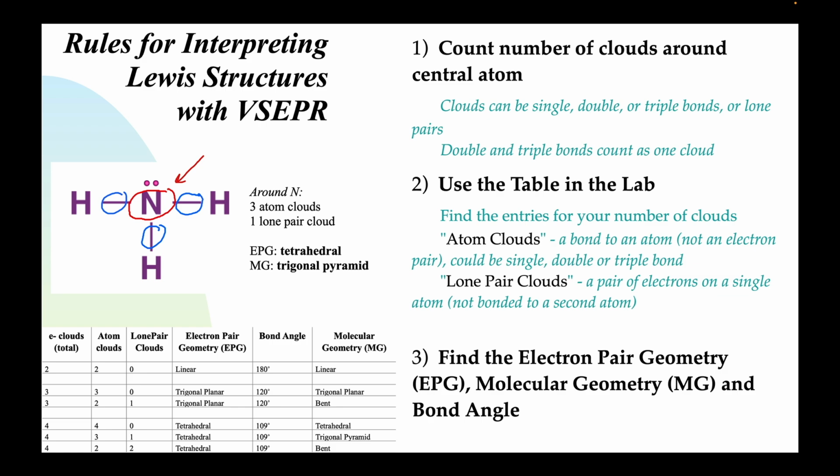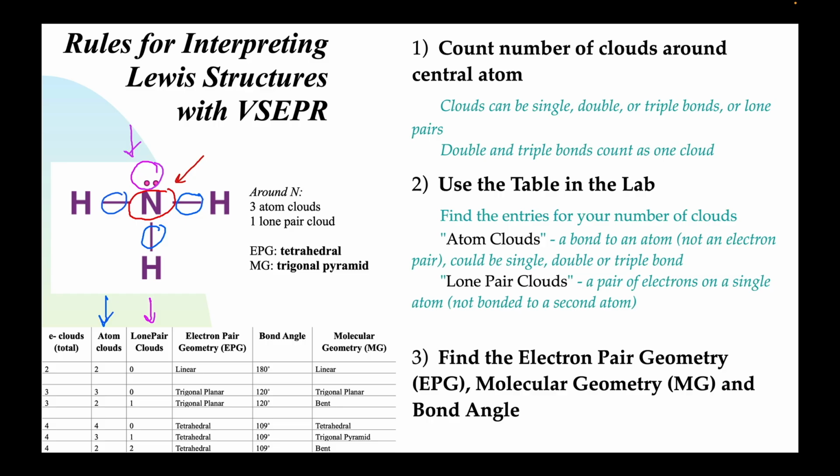So that would be 3 atom clouds in this table. But you also have on the top of the nitrogen, right there on top in purple, 1 lone pair cloud. So we would say that the nitrogen in NH3 has a total of 4 electron clouds, 3 of which are connected to atoms, and 1 is connected to just itself. It's a lone pair cloud.